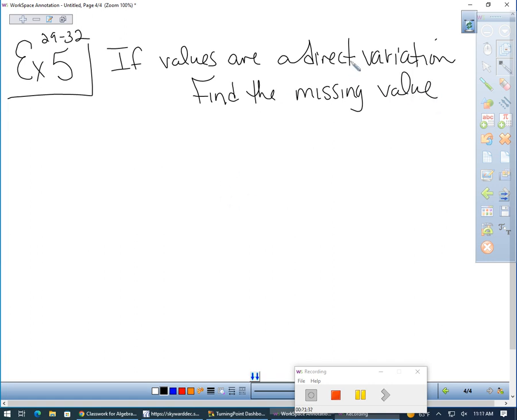All right, again, if it's a direct variation, remember it's y equals k over x, or if we have our k equals y divided by x.